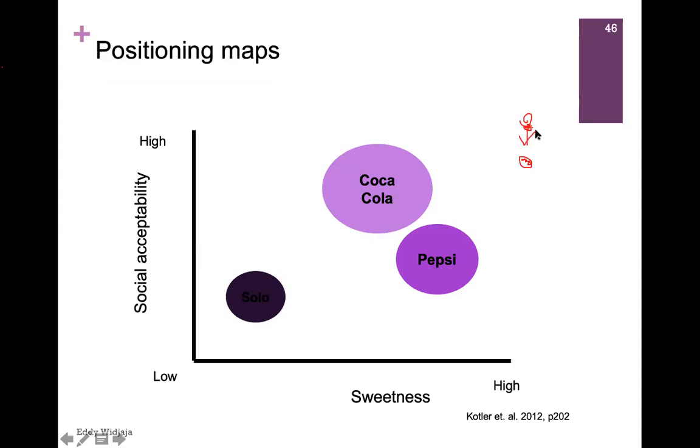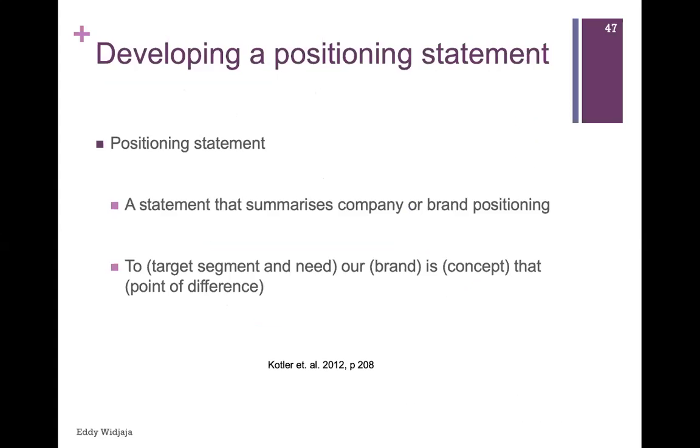Therefore, as the name suggests, it is a positioning map or perceptual map. So it has to show distance. It has to show location as well. So please make sure that when you draw the map, you show the several brands, the major brands in the competition, including your brand.